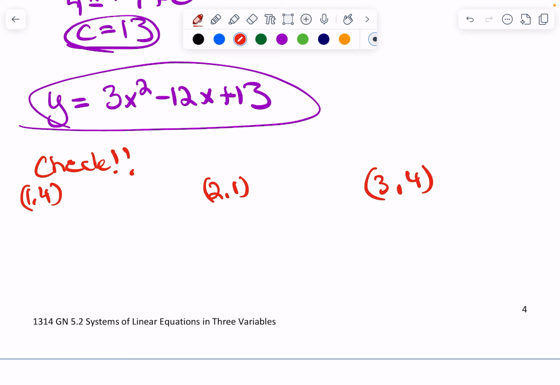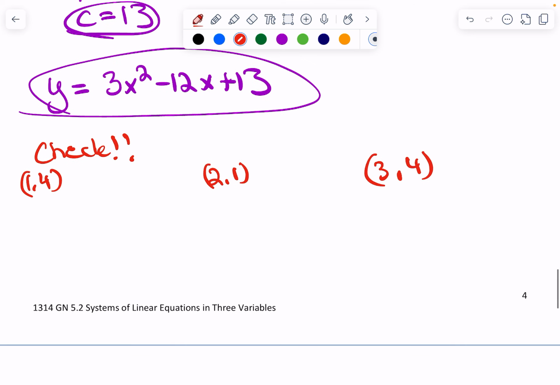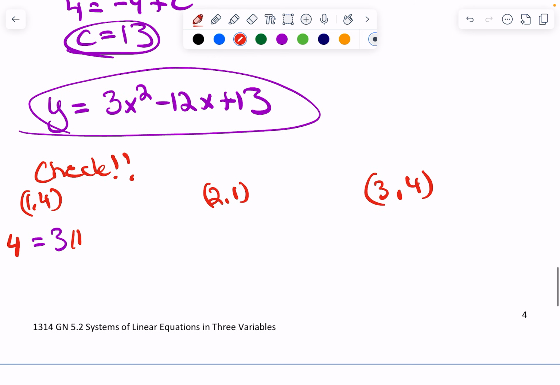And plug these points into our quadratic equation. So 4 equals 3 times 1 squared minus 12 times 1 plus 13.